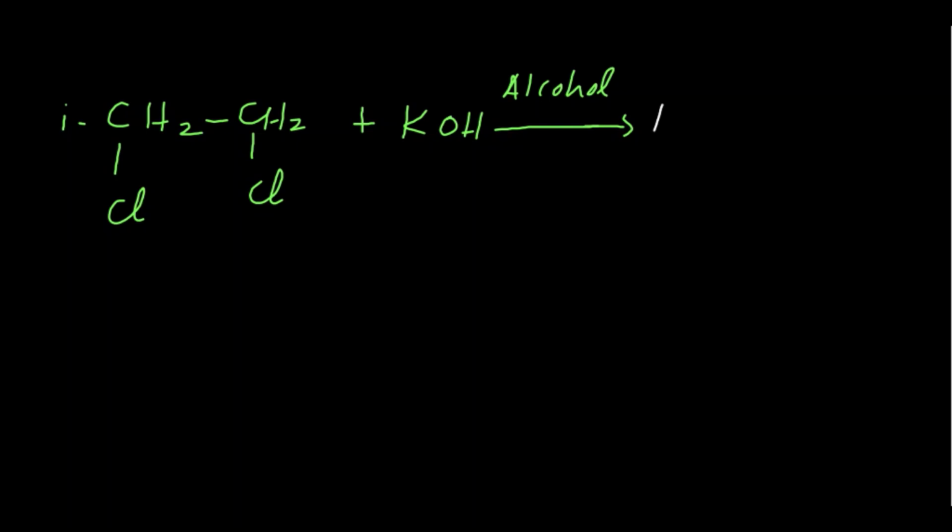Hydrogen and halogen will be removed from adjacent carbon atoms. So after the reaction, we get CHCl double bond CH2. One hydrogen is removed from this carbon and one hydrogen is removed from this carbon atom. So as a result, we get a double bond between carbon number 1 and carbon number 2. Clear students?